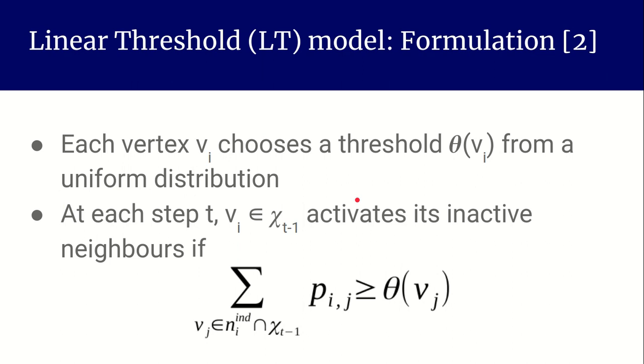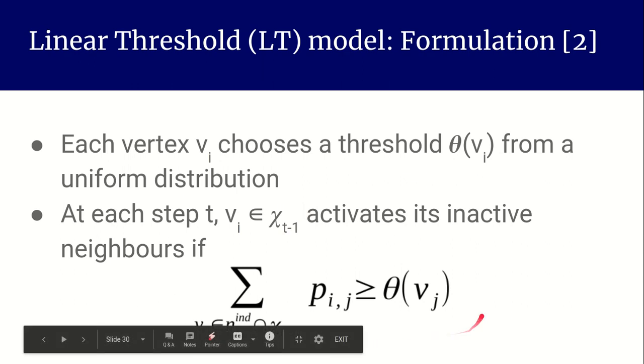At each time step t, a node gets activated if the sum of the edge weights, so the probabilities, of its incoming active neighbors exceeds its threshold. So the LT model generalizes the tipping model, where the condition in the activation function changes with that in the formula presented here. Now notice that this model works only under the constraint that the weights of the incoming edges at a particular node v sub i sum up to 1.